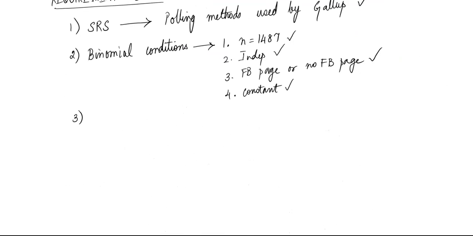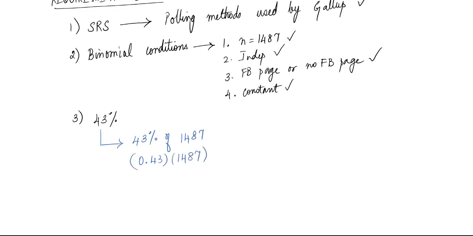So we have 43% who responded, isn't it? So do a little math to see how many out of the 1487 would be the persons who responded having a Facebook page. So 0.43 times 1487.